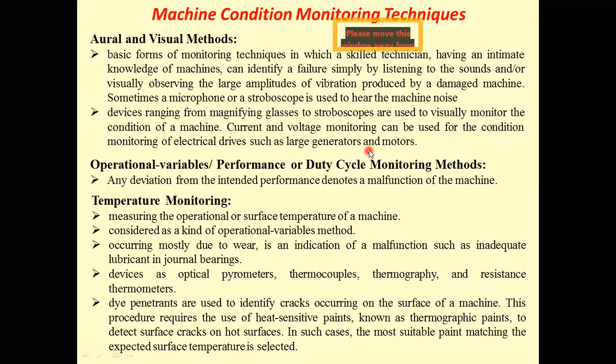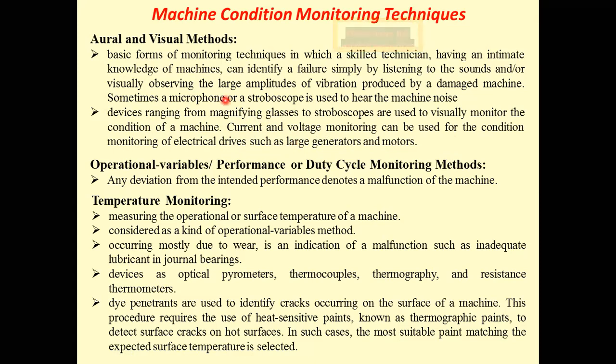So by monitoring the current flowing through these electrical devices or the voltage passing through them, we can monitor the condition of those electric drives. It may be a generator, it may be an electric motor.